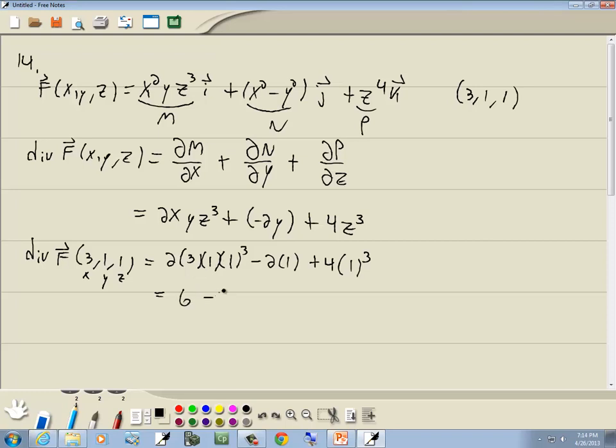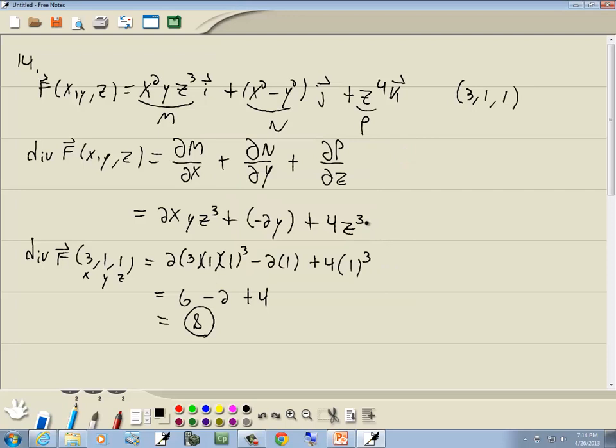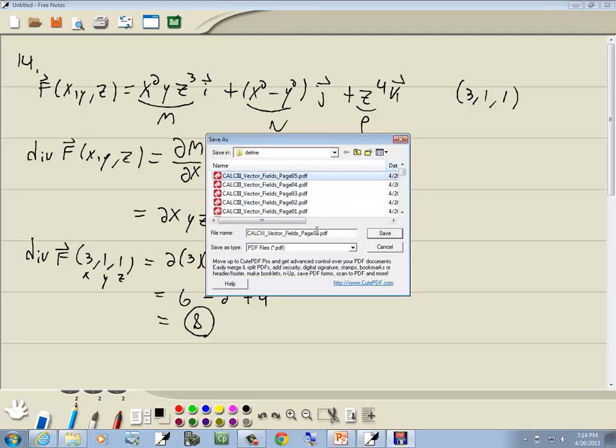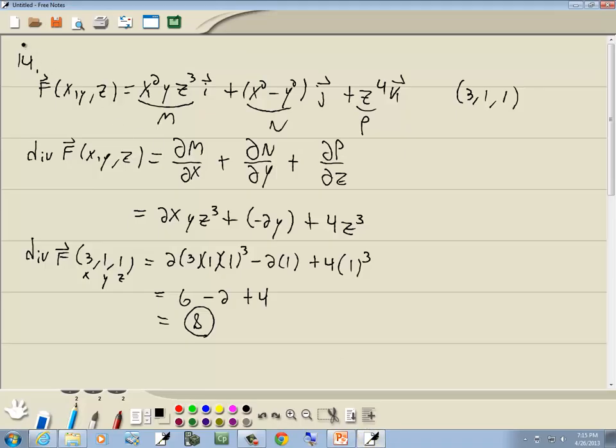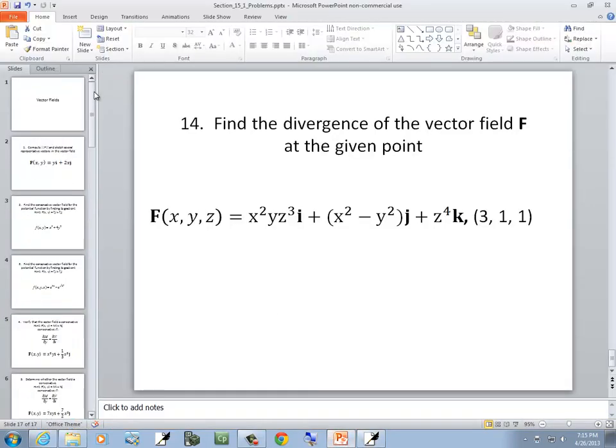So that's 6 minus 2 plus 4, which gives us 8. And that'd be our answer. I'm going to go ahead and save that. And that's the end of that section, vector fields.